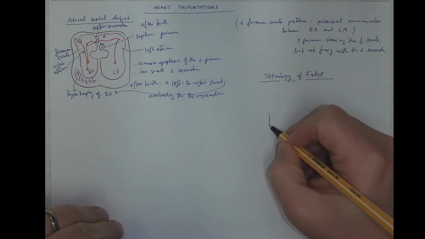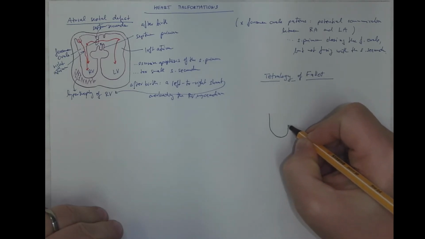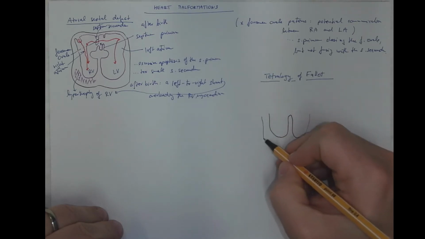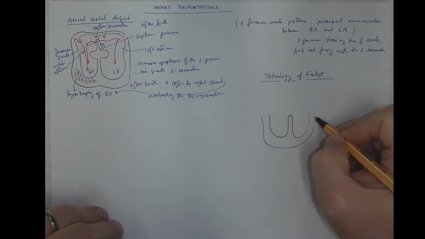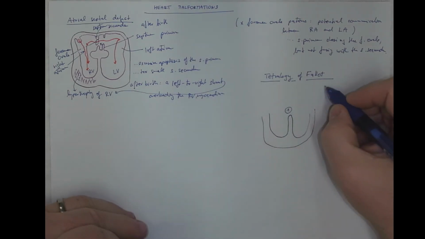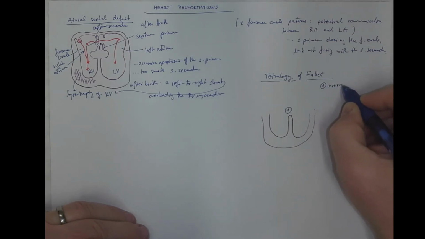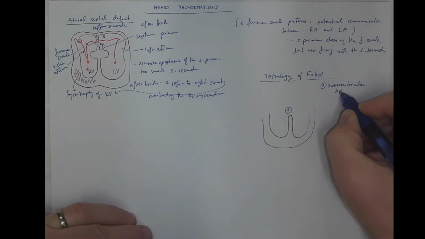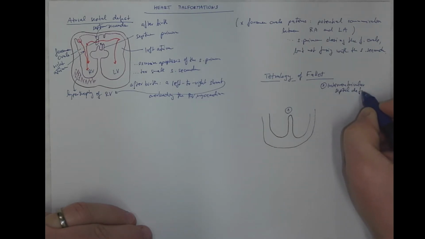So if this is the heart with the right ventricle, interventricular septum, left ventricle, the first problem here, number 1, is the interventricular septal defect.